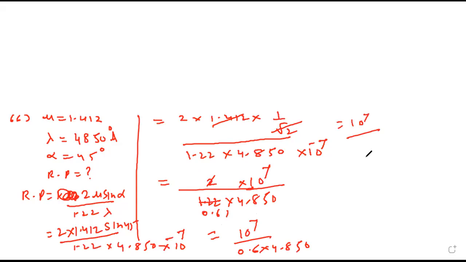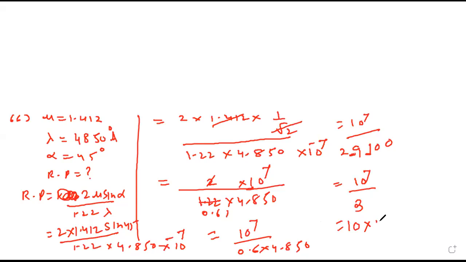So 10 raised to plus 7 upon 6 into 5, 30, 6 8s are 48 and 3, 51, carry 5. 6 4s are 24 and 5, 29. After 1, 2, 3, 4 digit decimal. So this is 10 raised to 7 upon approximately 3.